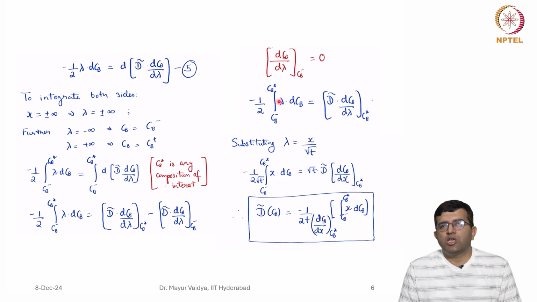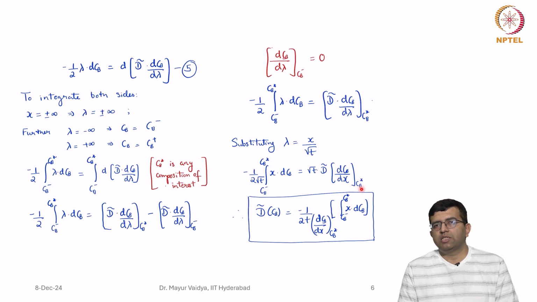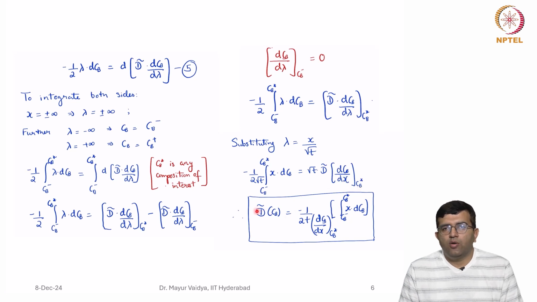Now, if you substitute lambda is equal to x by root t again, you have x by root t into dCb from Cb minus to Cb star is equal to root t into d tilde into dCb by dx at Cb star. Now, rearranging this, root t into root t becomes t.